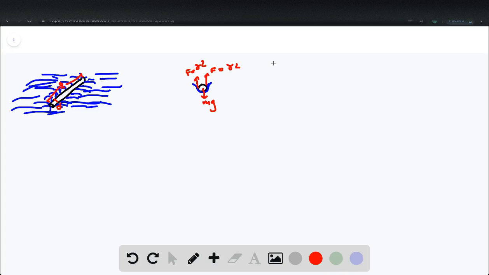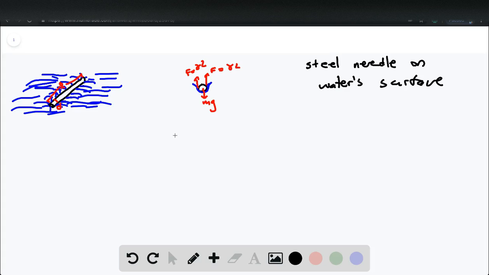And we know that this needle is made of steel. So this is what we have going on. A steel needle on the water's surface.